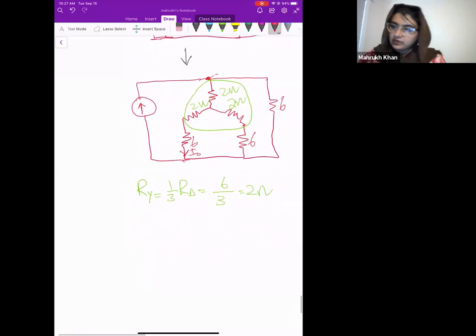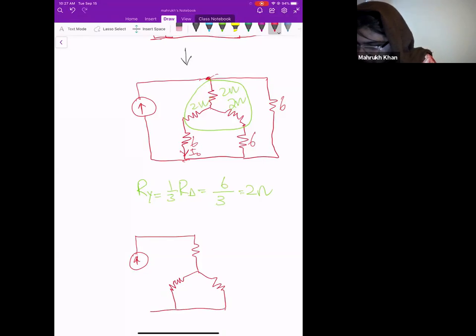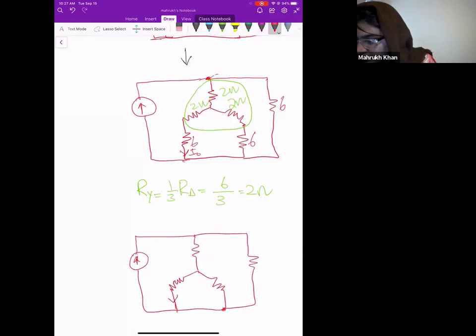So the new circuit will be... so you need to find the current in this branch, okay? We need to find the current in this branch.